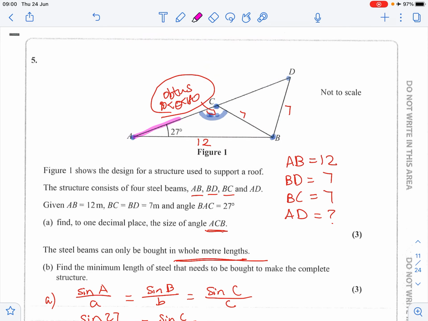So we are trying to find this length here. We want to find the length AD. Firstly, we need to know the angle opposite, which is this angle here.